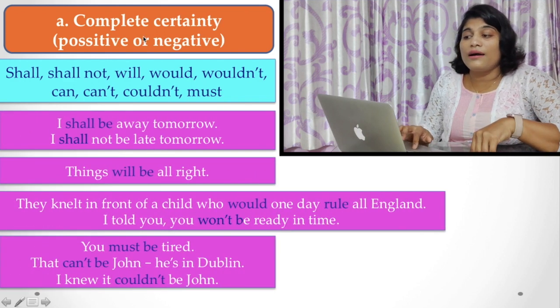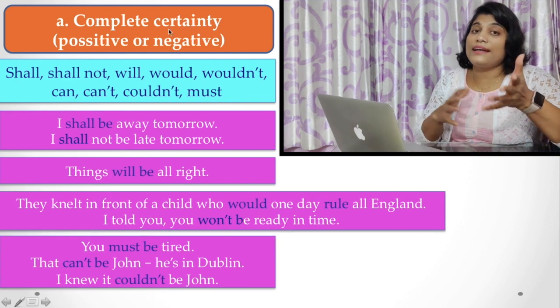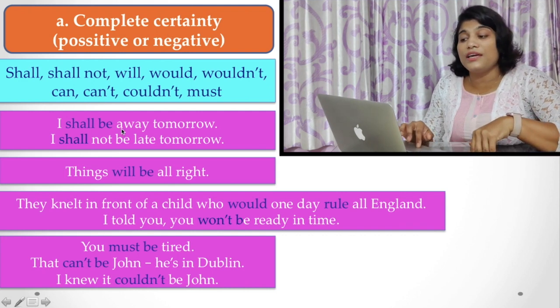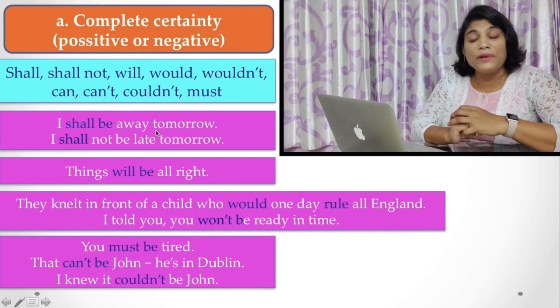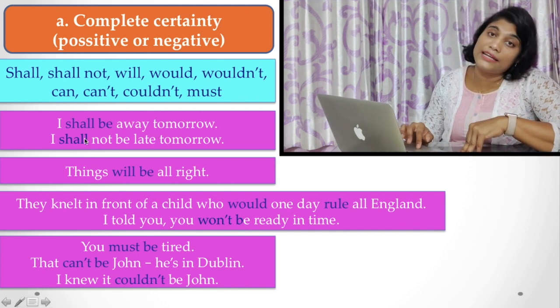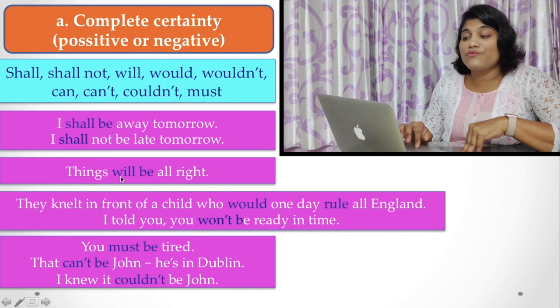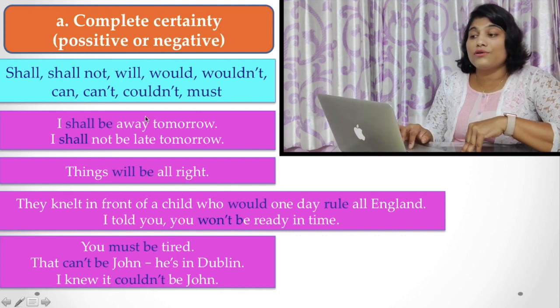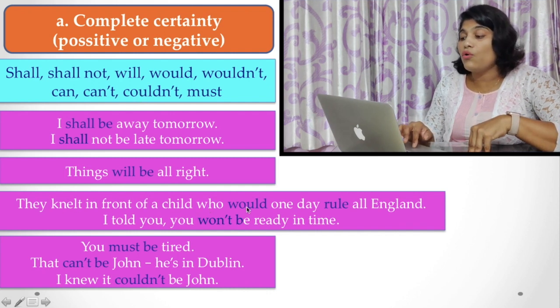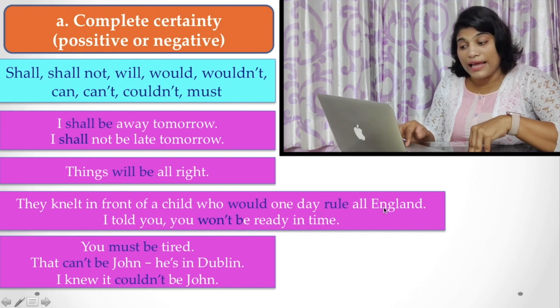Now let's see the examples. Here, complete certainty, either positive or negative. We can say, I shall be away tomorrow. I shall not be late tomorrow. This is complete certainty, used both in positive and in negative sense. Things will be all right. It also denotes certainty. And they knelt in front of a child who would one day rule all England.